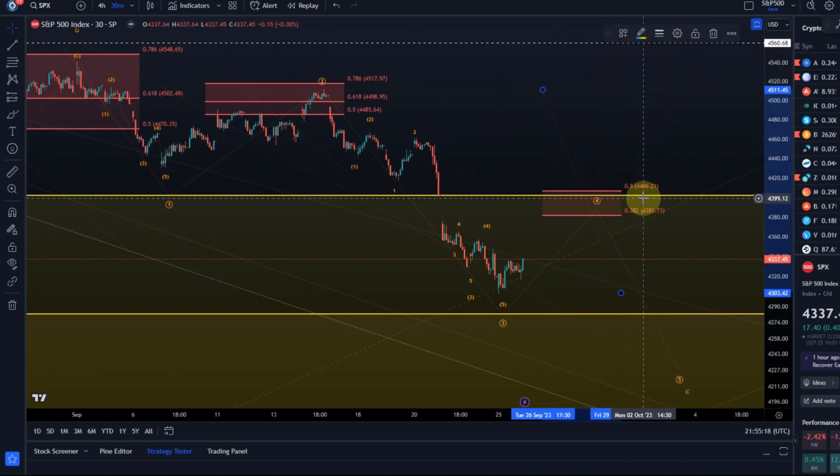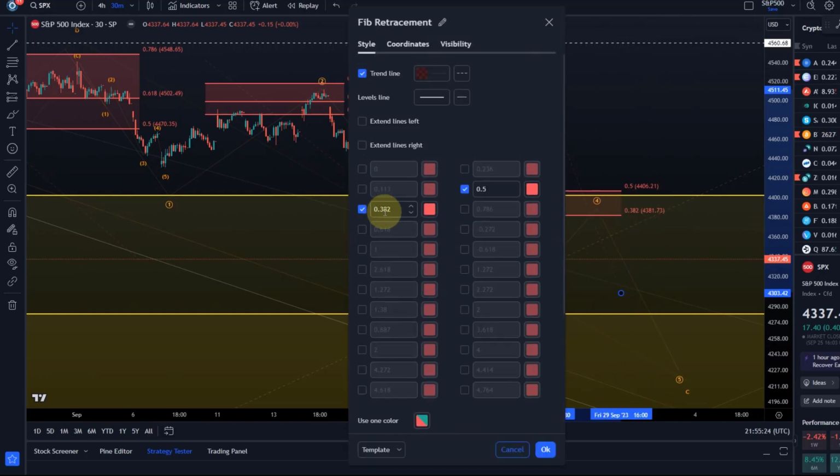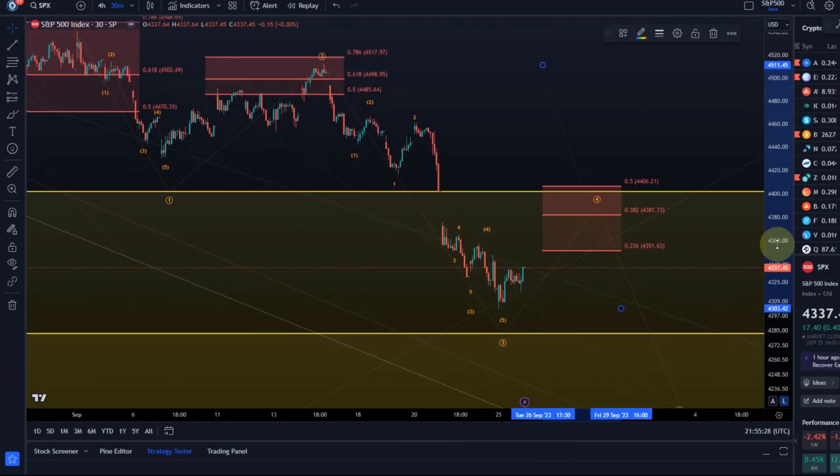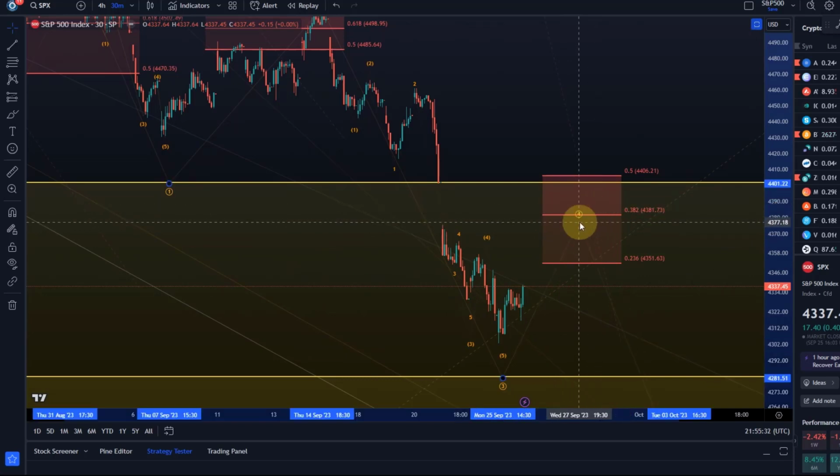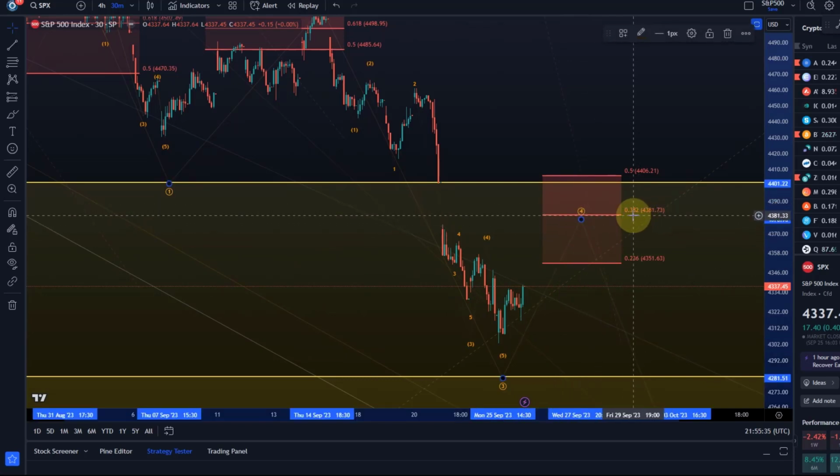The ideal target is the 38.2 retracement level. Let's also add the 23.6 fib level, even though that's actually too shallow for a reliable wave 4. The 38.2 retracement is here at $4,381. That would be ideal.